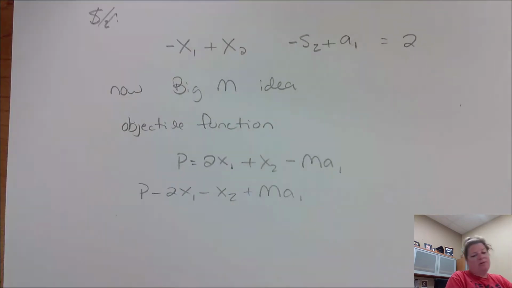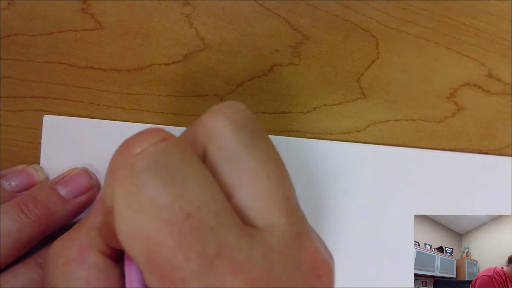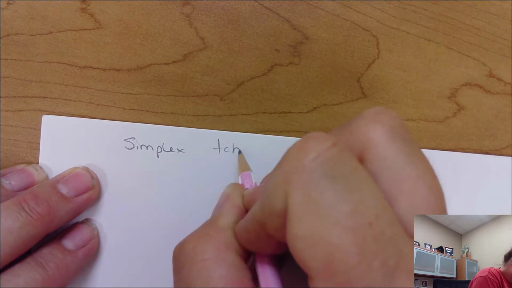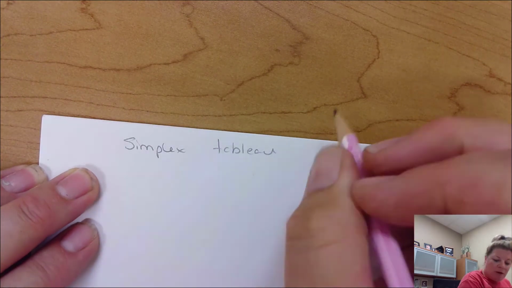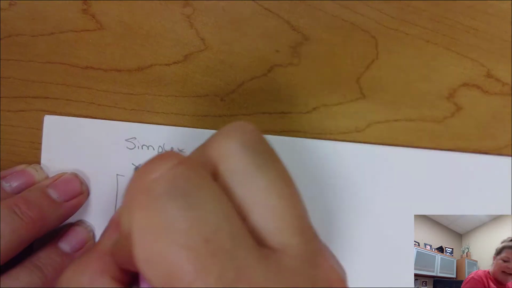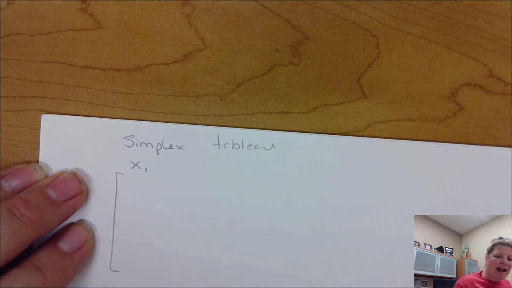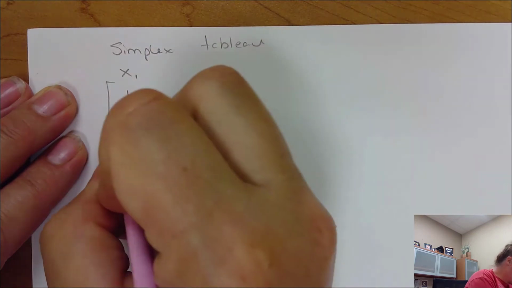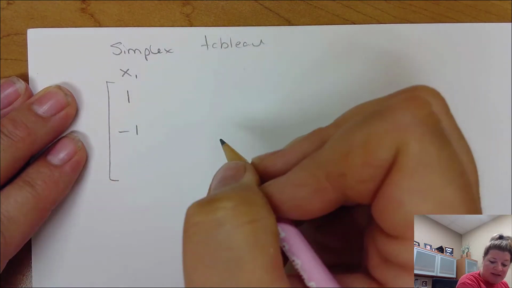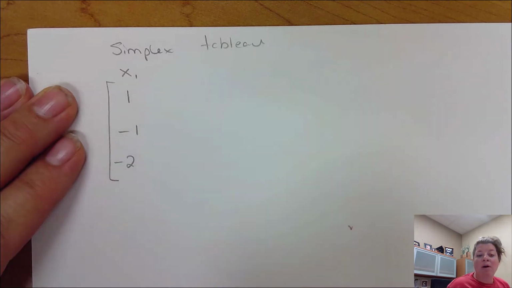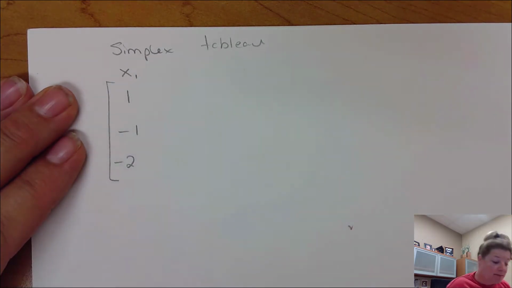I'm going to switch over to a new piece of paper just for a sec. Here is our Simplex Tableau. So we're going to start with, I'm going to definitely label these x1, and our x1s went 1, -1 from our two functions, and then a -2 for our objective function.